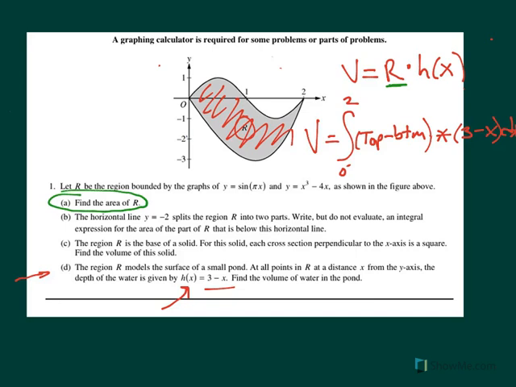And that's going to be your setup, and then you just need to go ahead and evaluate. Again, you'd probably want to do this on the calculator. Get your functions set up in your calculator, get it all typed in, and it is calculator active, so you want to integrate that from 0 to 2.